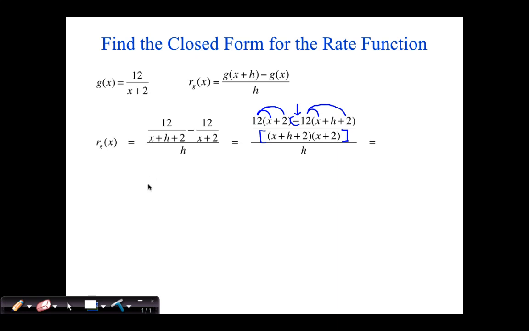Now, too many denominators and numerators. Fractions in a fraction: if you're dividing and you've got fractions, think about multiplying by the reciprocal of the denominator. I'm just going to write this by hand.